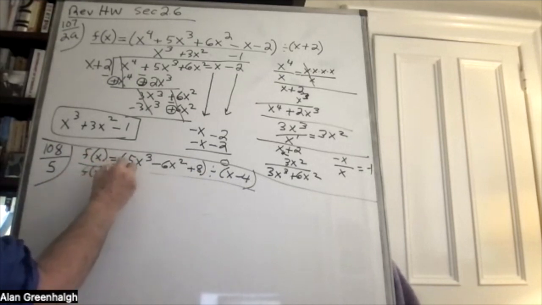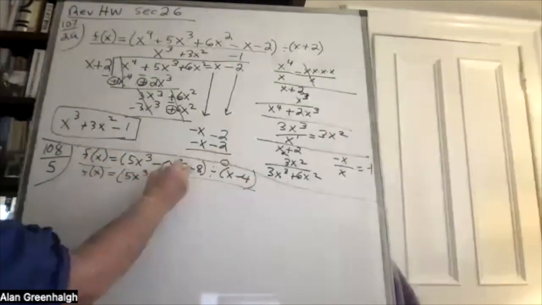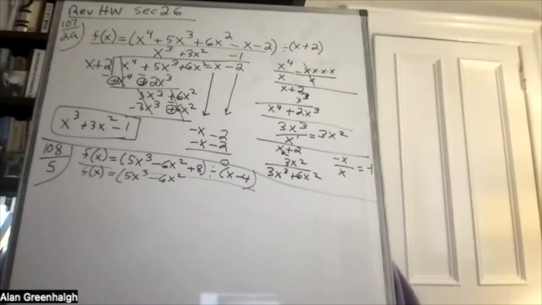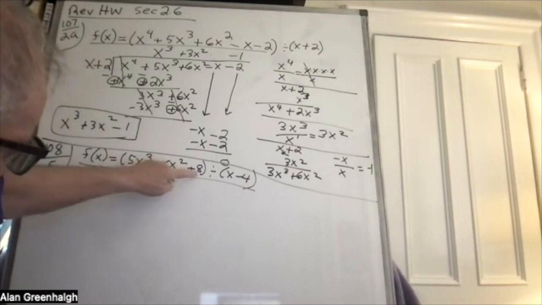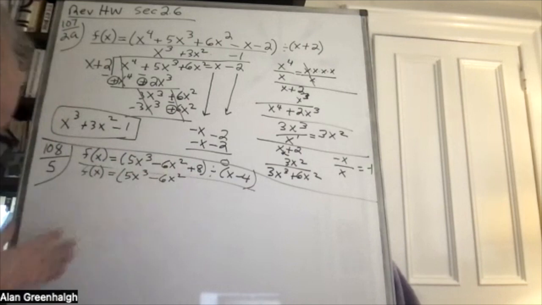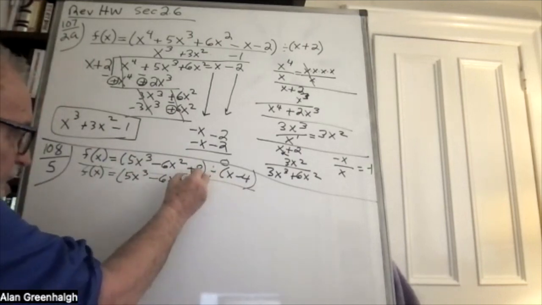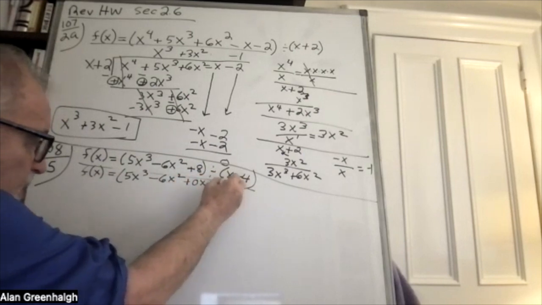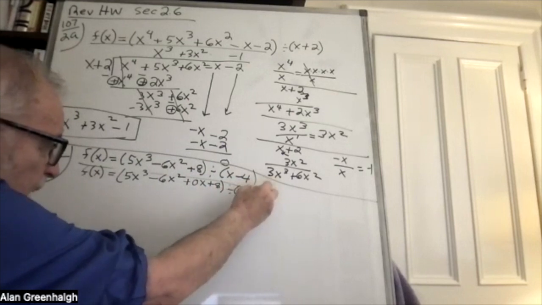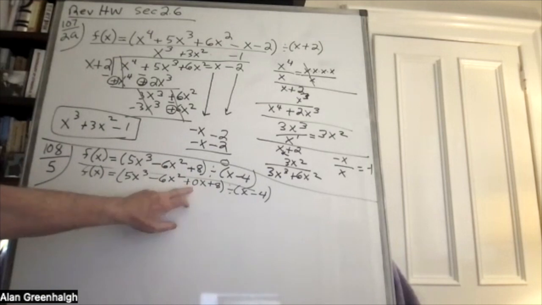F of x equals really 5x to the third minus 6x squared. Now, what shall I do now? What's left out between here and here? An x, we got to put an x. But it's not really there, so you put 0x divided by x minus 4. That has to be done. You got to put that 0, otherwise you're going to get all messed up.